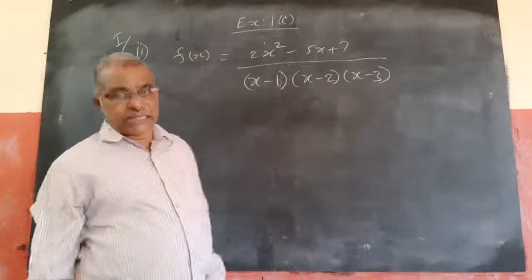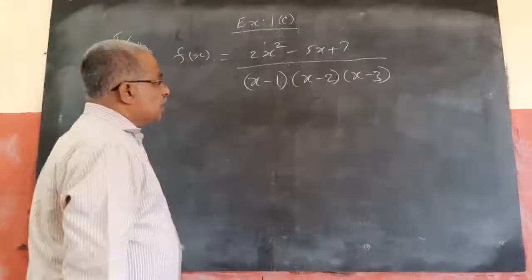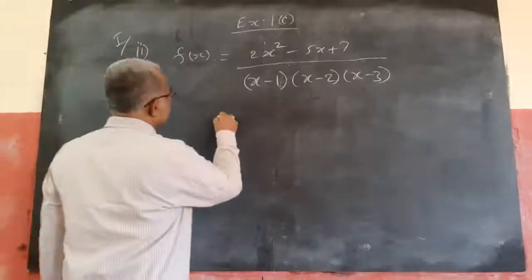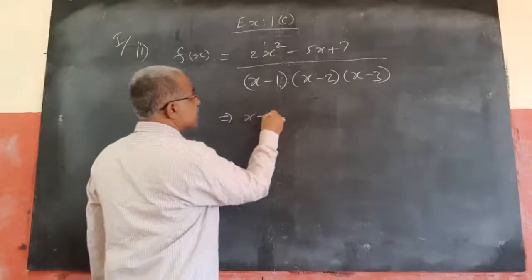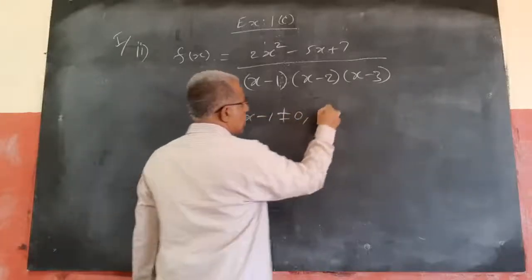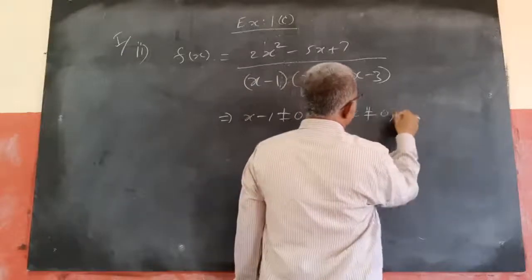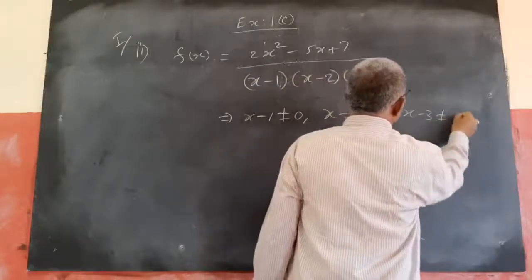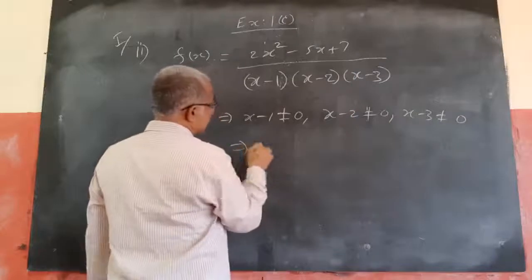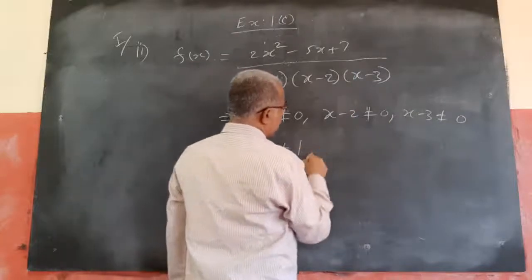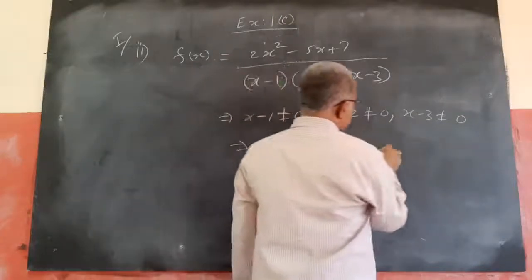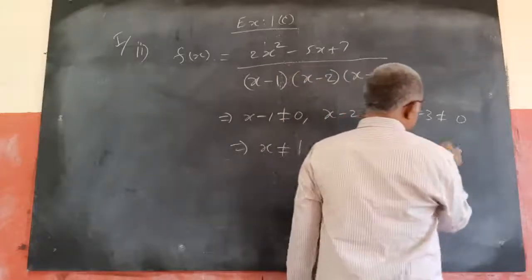For the remaining values the function is defined. So the domain: x minus 1 not equal to 0, x minus 2 not equal to 0, and x minus 3 not equal to 0. Implies x is not equal to 1, x is not equal to 2, x is not equal to 3.